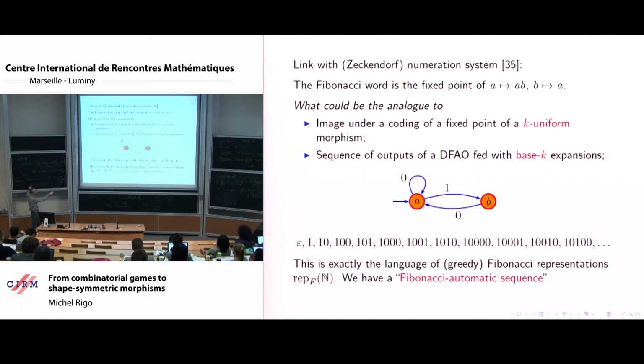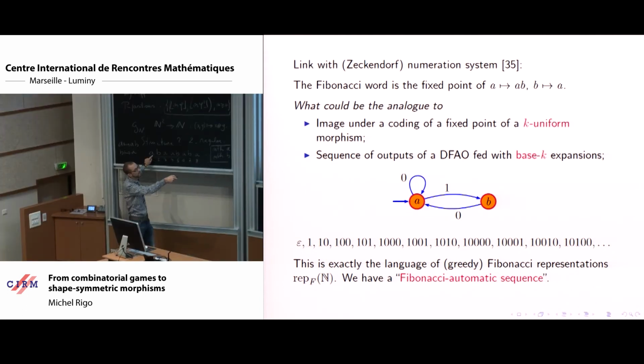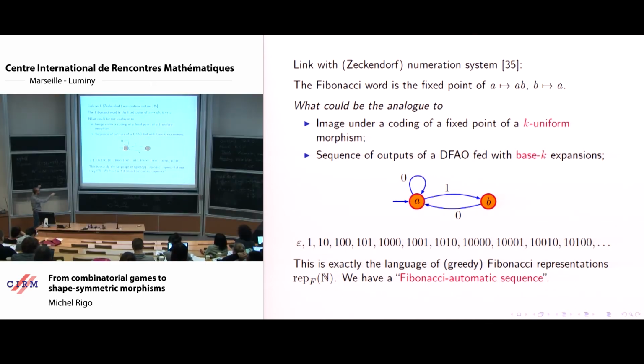I just read nothing, epsilon. So it's A. Then I should have a B. If I read 1 from A, I go to B. Then I should have an A. If I read 1, 0, I have an A. Then again an A. If I read 1, 0, 0, I have an A. So feeding the automaton with this sequence gives you exactly what you want.